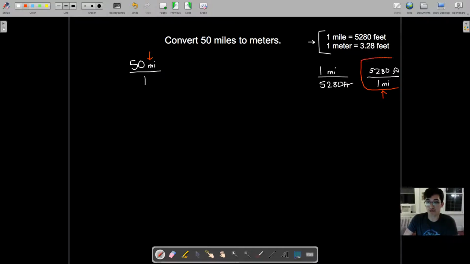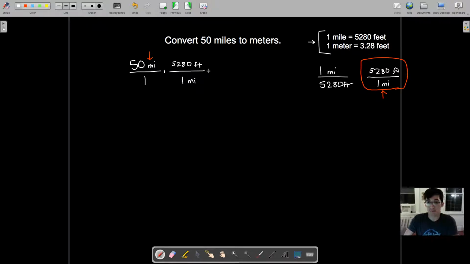All right, we're going to use the second one. So I'm going to go ahead and multiply my original fraction by that second conversion factor, 5,280 feet in the numerator and 1 mile in the denominator. Okay, and those miles are going to cancel because we have 1 in the top, 1 in the bottom.